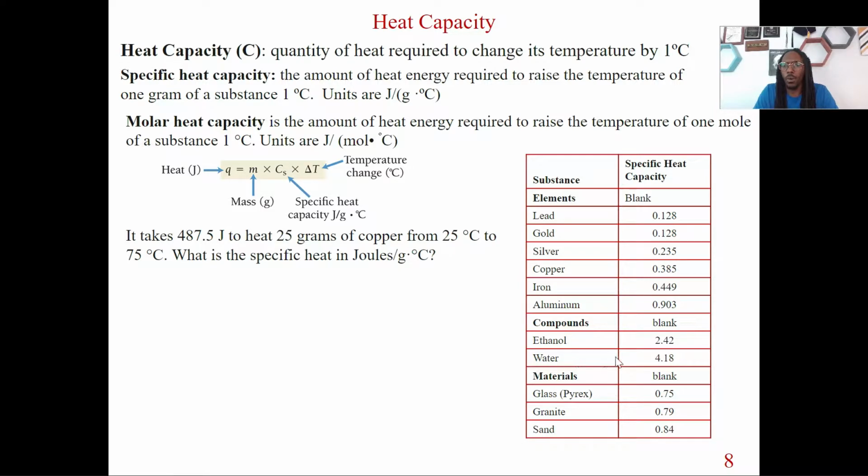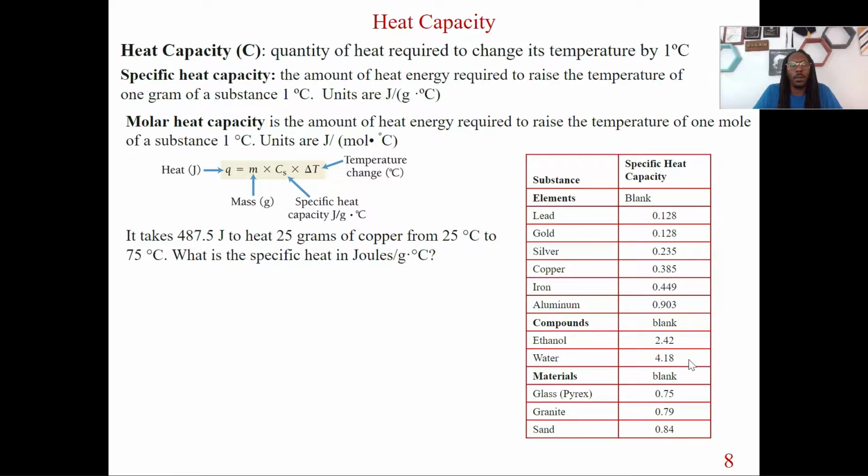Compare that to water. Water has a very high specific heat capacity at 4.18, one of the highest. And because of this, it takes a lot of energy to raise the temperature of water, right? Anybody ever try to boil water and it seems to be boiling forever? Because it takes a long time for that to actually heat up.